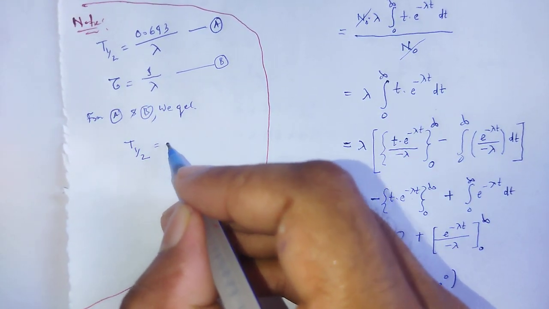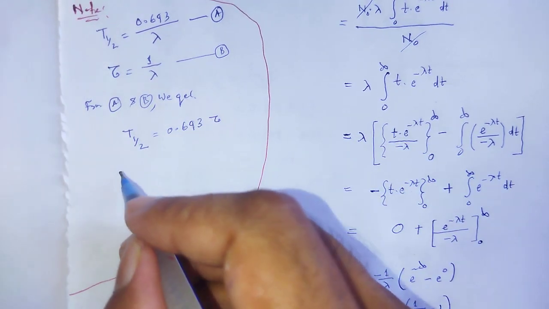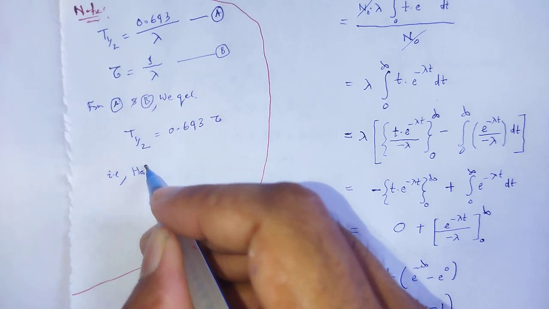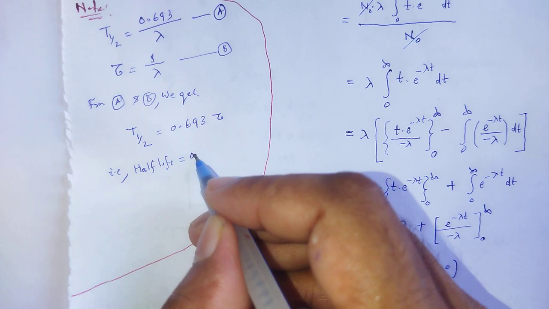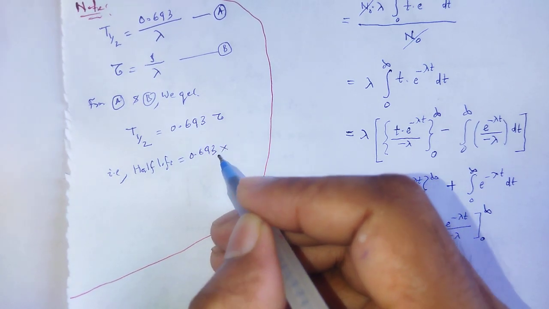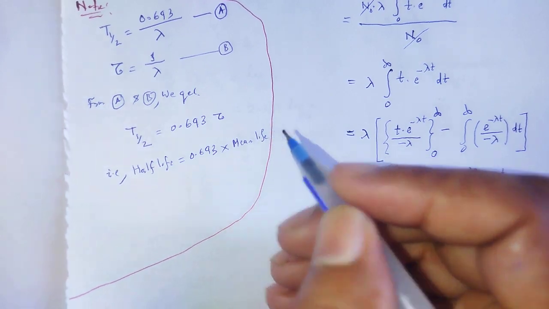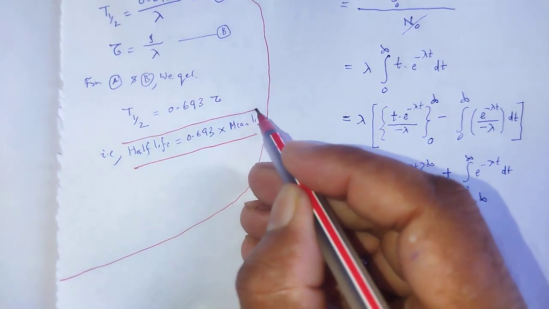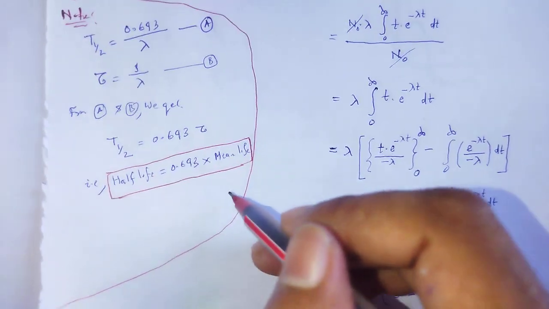So, T half is equal to 0.693 into tau, that is, half life is equal to 0.693 times the mean life.